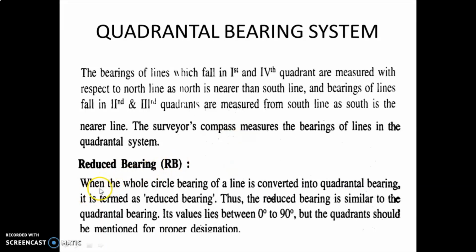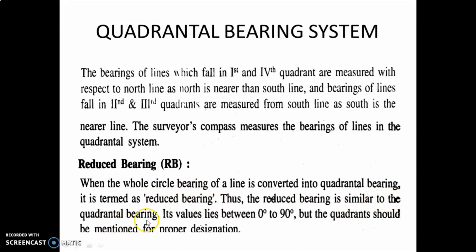Reduced bearing, also called RB: when the whole circle bearing of a line is converted into quadrantal bearing, it is termed the reduced bearing. Quadrantal bearing is also called reduced bearing because we divide into 4 quadrants and we are reducing the whole circle bearing. That's why the name is reduced bearing.